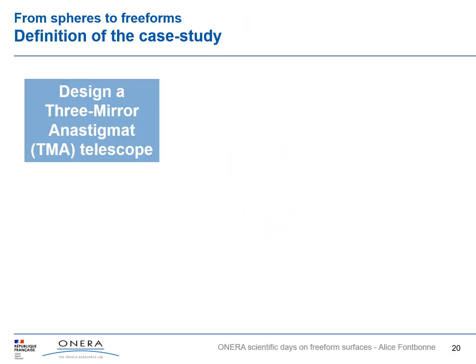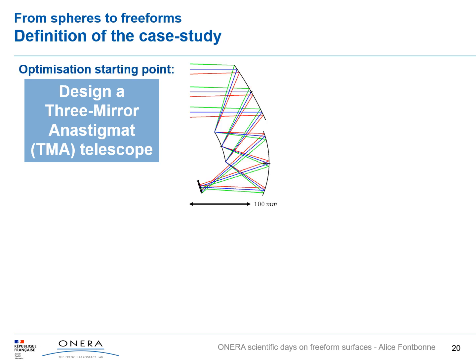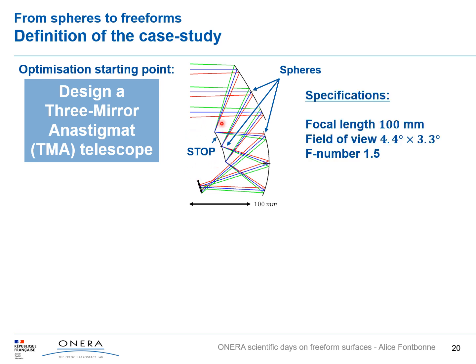For the first example, from sphere to freeform, I'm going to use this case study, the design of a 3-mirror anastigmat telescope. So here is the optimization starting point with the mirror 1, 2, and 3 here that are all spheres. And the stop is on the M2.